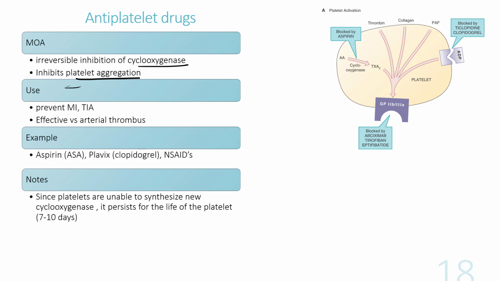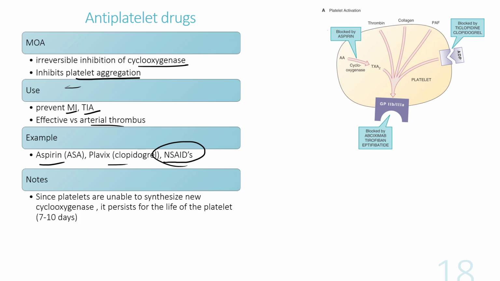You can see here it's used to prevent MIs and transient ischemic attacks, so strokes. It's effective against blood clots in the arterial system. Some examples are aspirin, Plavix, and other non-steroidal anti-inflammatory drugs.